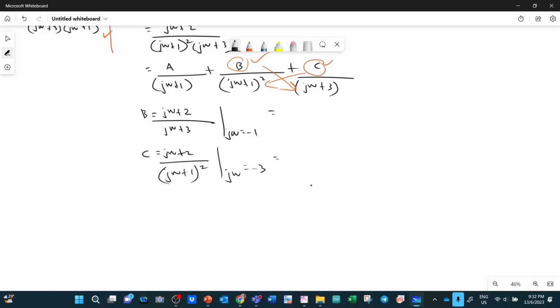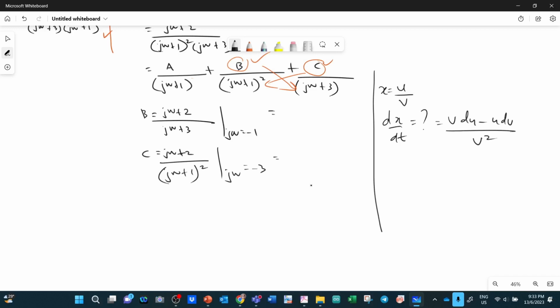If you remember, I'm not sure if you remember last time, if you have x equal to u over v, what do you have for dx over dt? How do you find this? You can find it using the equation (v du minus u dv) over v squared. This is the maths equation to solve the differentiation. So when we look at this A value, we are going to solve it using the same concept.